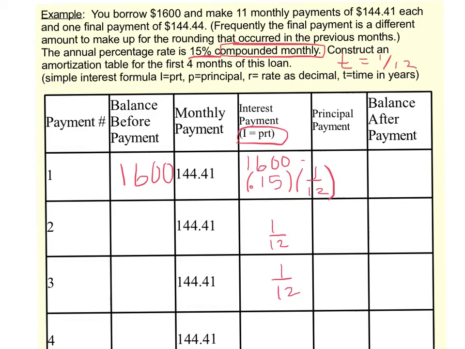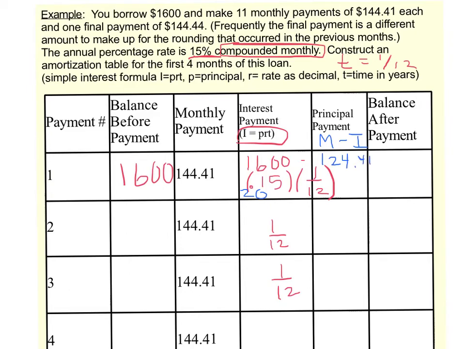So when I take 1,600 times 0.15 and then divide it by 12, I get $20. Okay, so I can't really squeeze this in here. I'll use a different color and I'll squeeze it in there. So $20 is my interest payment. So that means my principal is going to be my monthly payment minus my interest. So I'm going to take 144.41 minus 20, which is going to be 124.41.